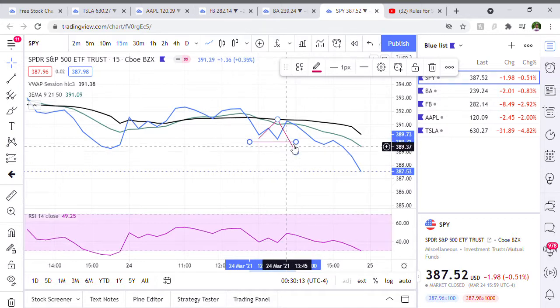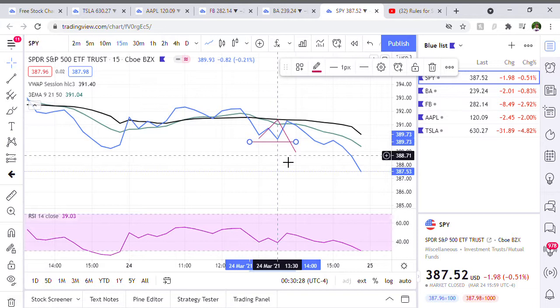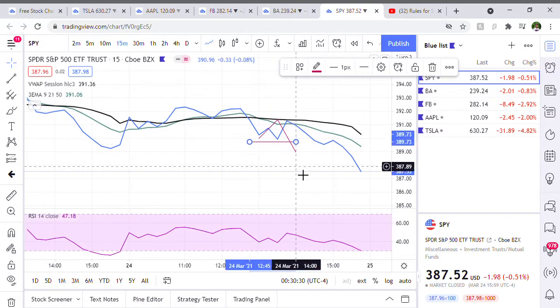And you will see most likely the stock will continue in the downward direction, and you can book quick profits within 10 minutes. You will get quick profits on your SPY, and you can book your profit and exit from the market. This is the kind of formation I look for.